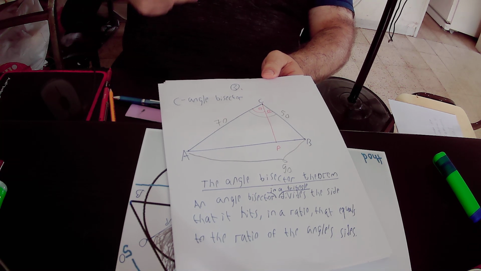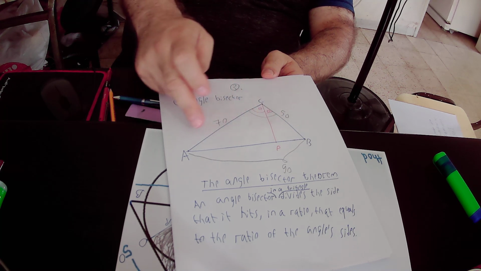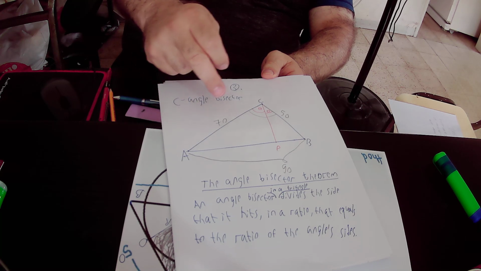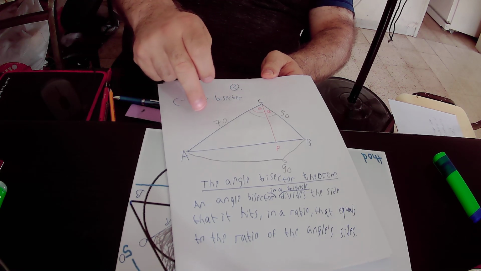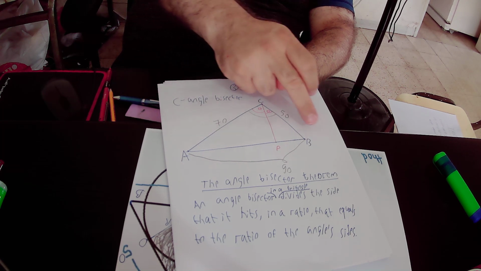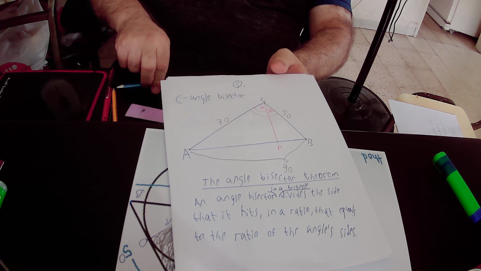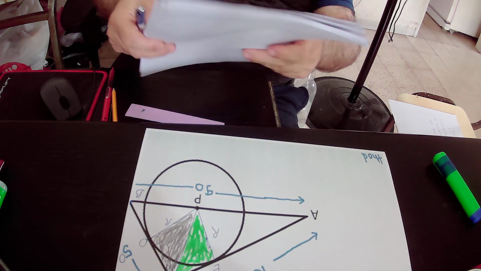So the ratio that CP divides AB, that is to say AP over PB, equals the ratio of the angle's sides, that is to say AC over CB. Okay, so I will write it here.